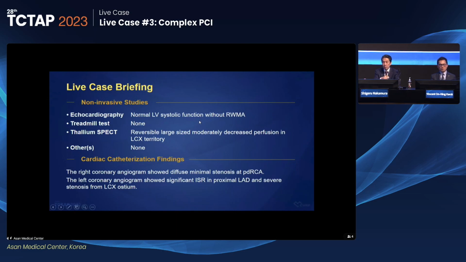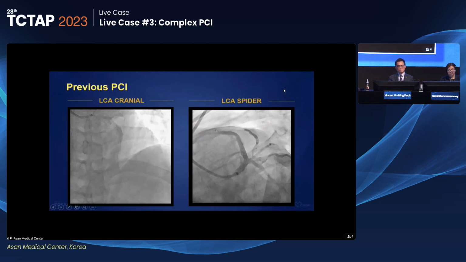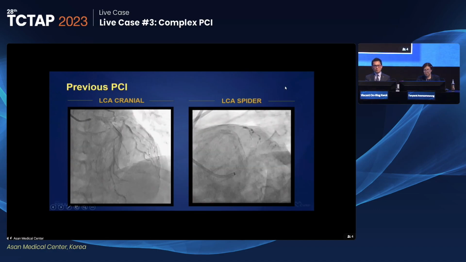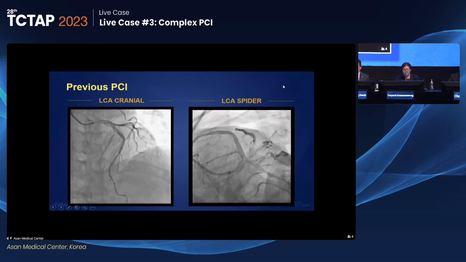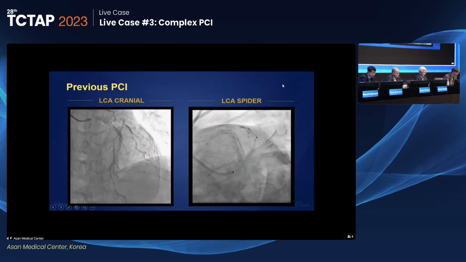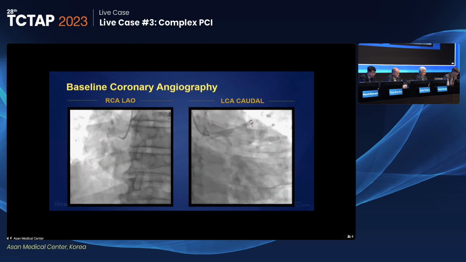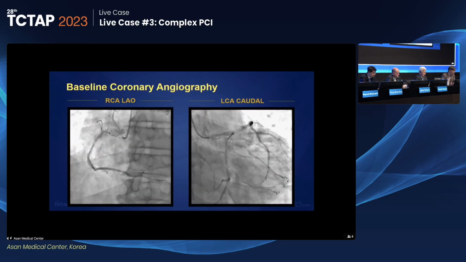Next one, please. This is the previous final angiogram after the first PCI. There were 2 stents, and the stents were patent, and at the circumflex ostium there was no disease. Next one. This is the recent angiography.